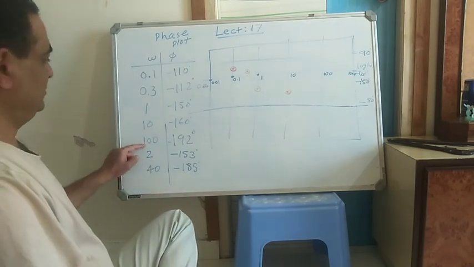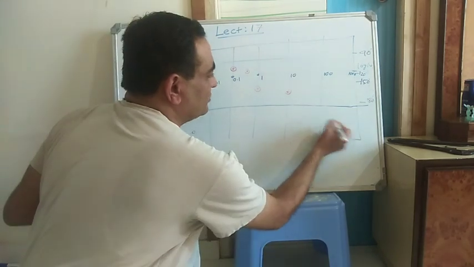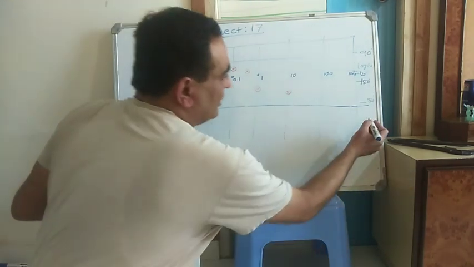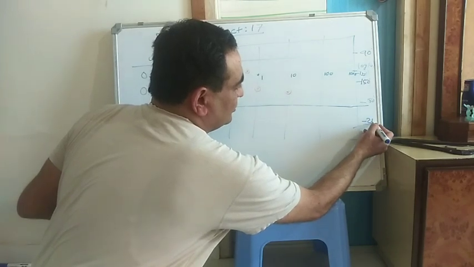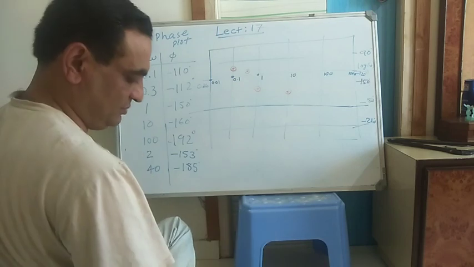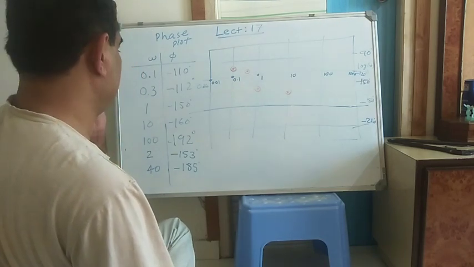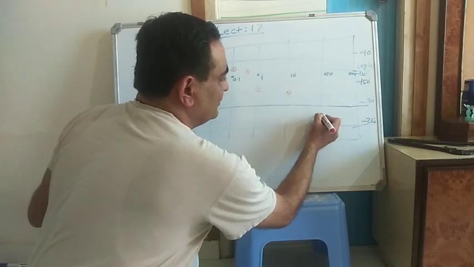Then 100, minus 192. You can give this also as minus 210. So 100 with minus 192 comes somewhere here.